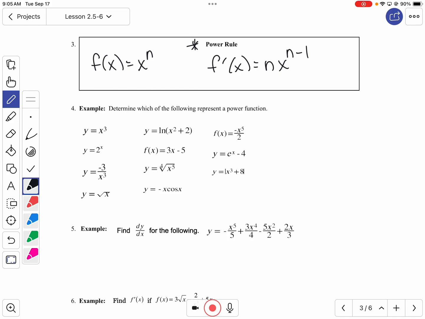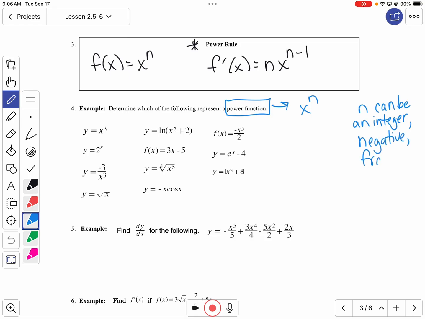Now, one of the things we have to be careful about is remembering when I can use the power rule. Well, I can only use it when I have a power function. What's a power function? Yeah, it's anything x to some kind of power, okay? N can be an integer. It can be negative.